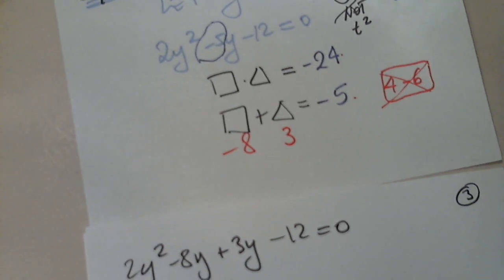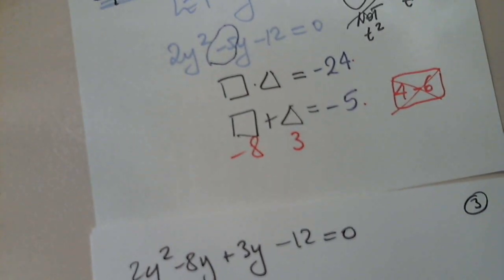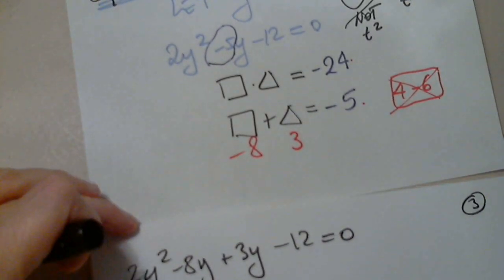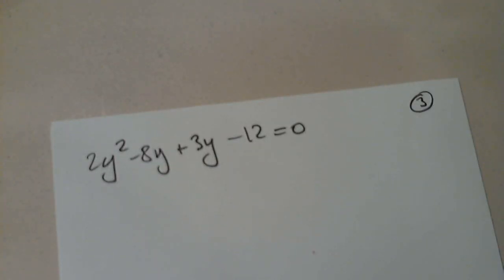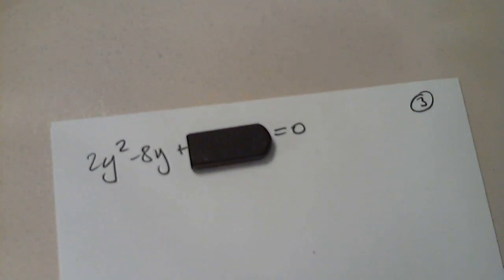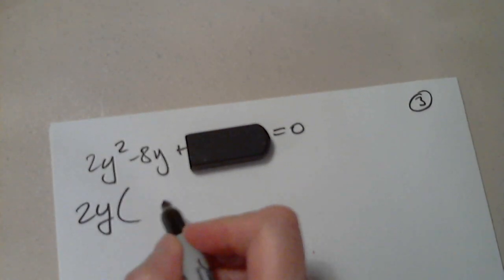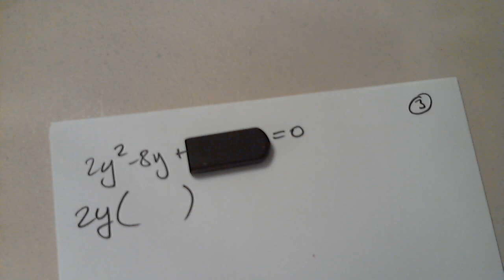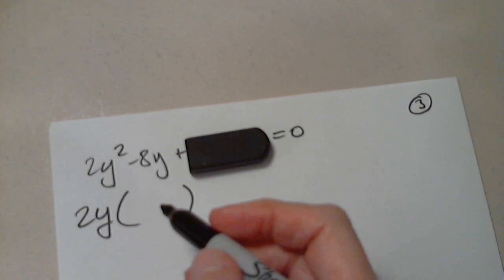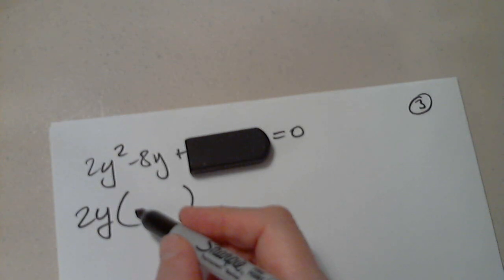What is my next step? Factoring. Yes, so I factor by grouping. What do I factor out from the first two? 2y. Good. What is left in parentheses? y minus 4.